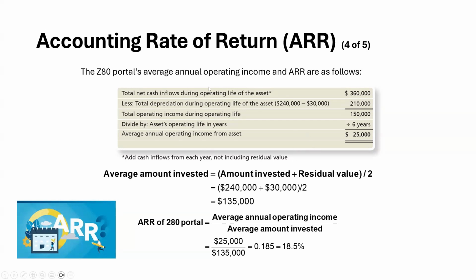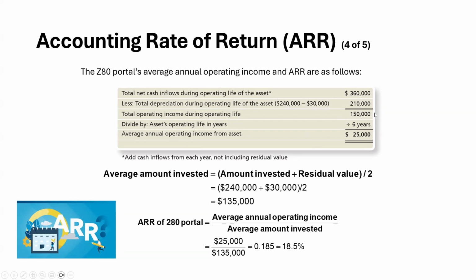Let me do this again. The total net cash inflows during the operating life of the asset is $360,000. The total depreciation during the operating life of the asset is $210,000, that's the $240,000 minus the $30,000.